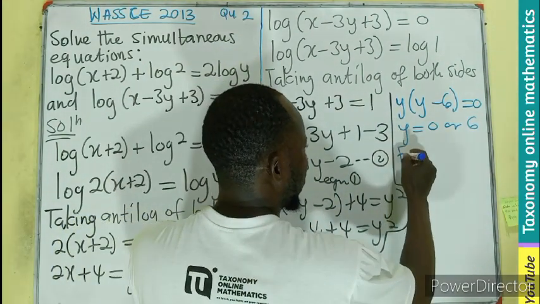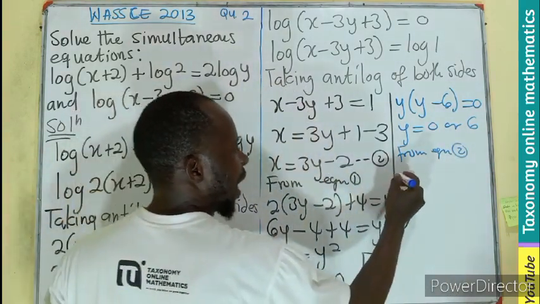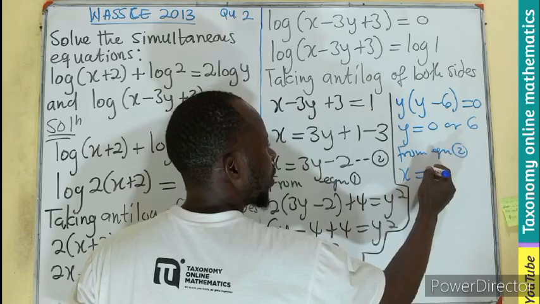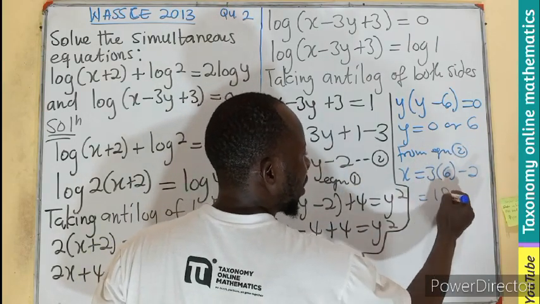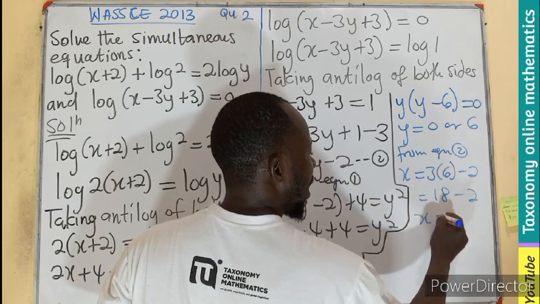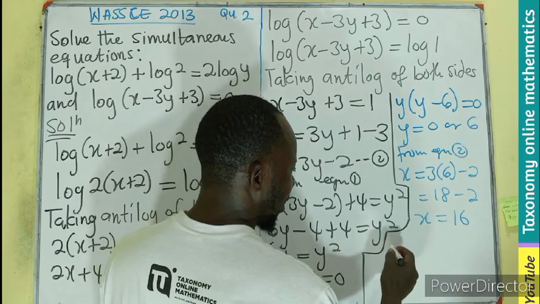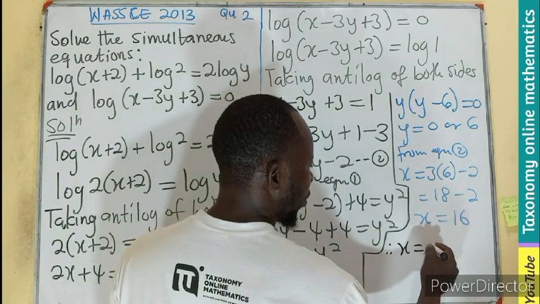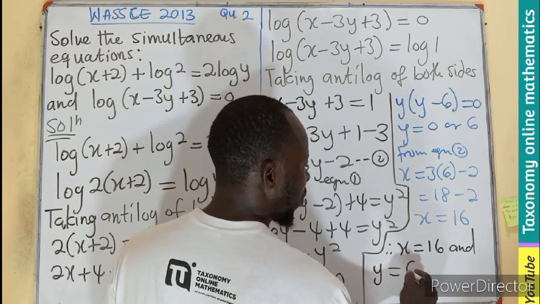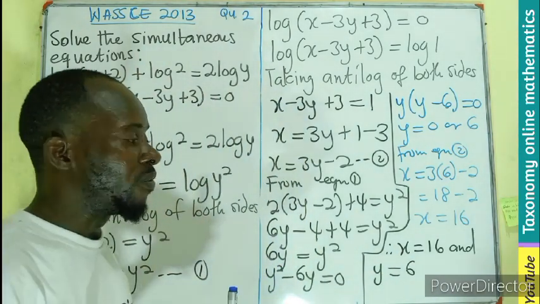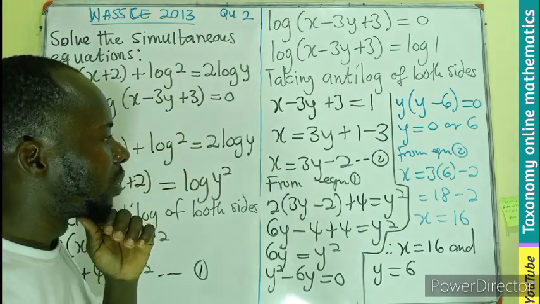Okay, so we can say that from equation 2, right here, our x will be equal to 3y, which is 6, minus 2. That will be 18 minus 2. x will be equal to 16. So we can say that, therefore, x equals 16 and y equals 6.